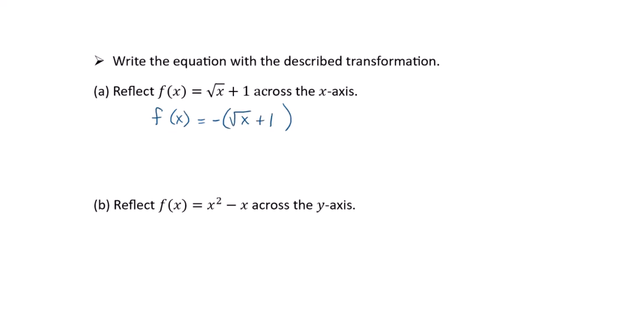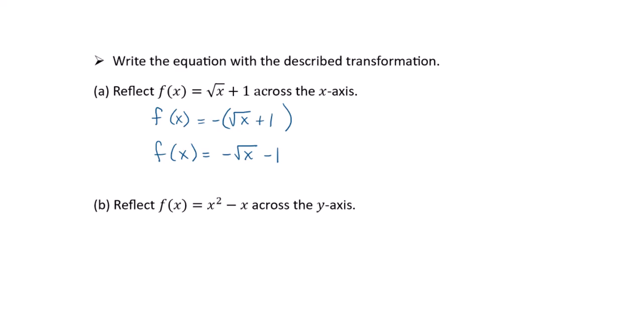So f of x is now the opposite of what it used to be. All the y's are the opposite of what they used to be. And so when we simplify this, we will have negative square root of x minus 1.